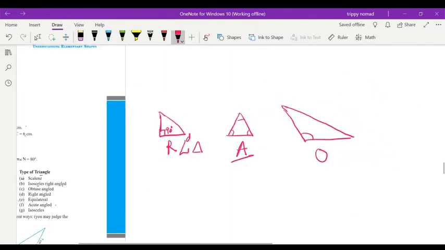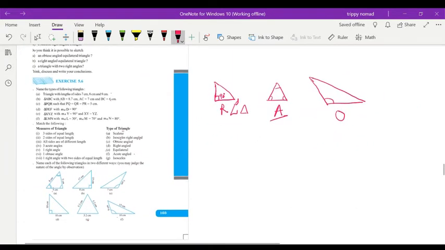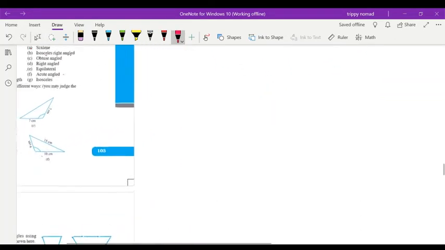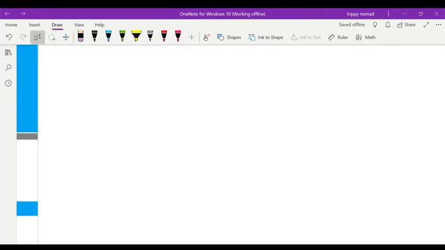Another definition: types of triangles on the basis of their line segments. If all 3 sides are equal in measure, suppose 3, 3 and 3, it is called an equilateral triangle.